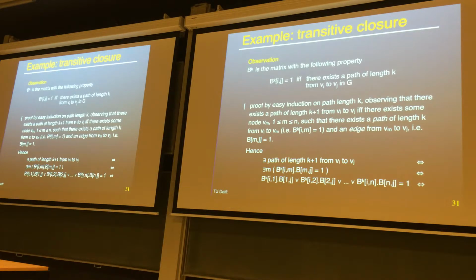And that's, of course, then a proof by induction of the fact that (B^k)_ij equals 1 if there exists a path of length k. So matrix powers contain information about the paths between two nodes.